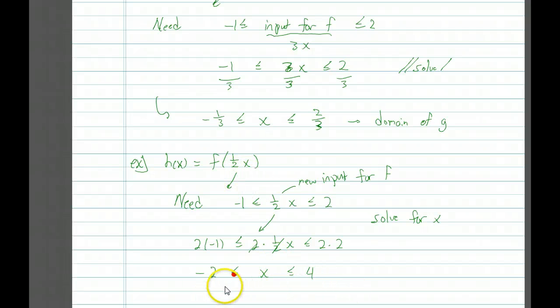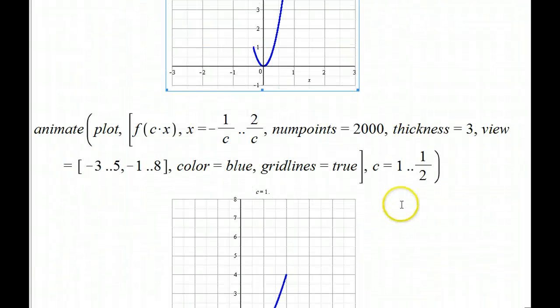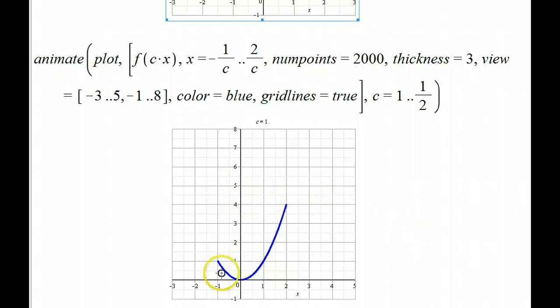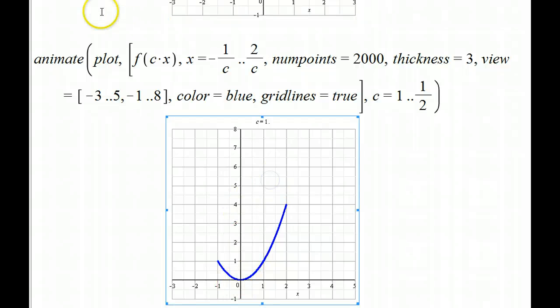That's going to have the effect of stretching the graph of f in a horizontal fashion by a factor of 2. We've seen how we determine that domain. We multiplied everything by 2, and that's going to stretch the graph out. Let's take a look at that. Starting with the original, notice that the range will be unaffected. It's still going to show up between 0 and 4, but it's going to be pulled outwards.